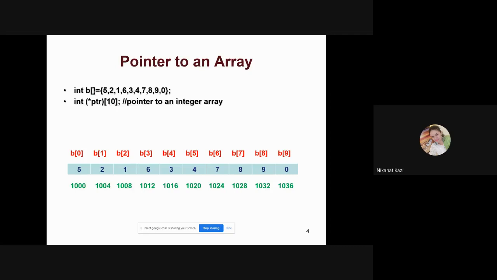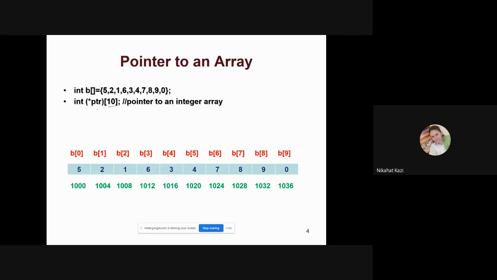This size has to match the array that it's going to hold. So this pointer can hold any array whose size is 10. This is the syntax for declaring a pointer to an array.